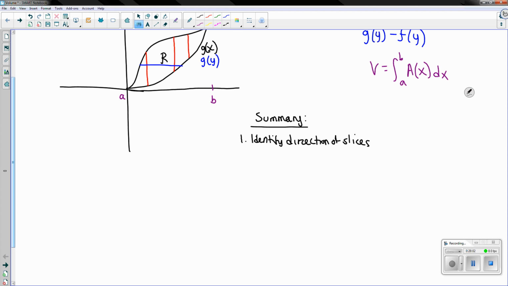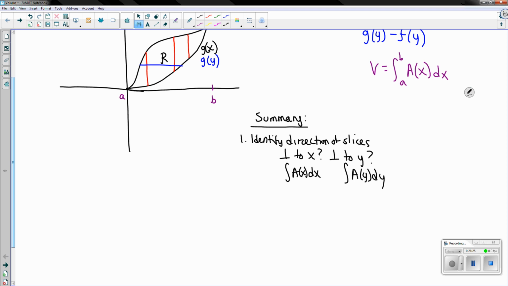So do they run perpendicular to x or perpendicular to y? That's going to dictate whether or not you're going to integrate with respect to x or with respect to y. So if they're running perpendicular to x, you're integrating with respect to x, and if they run perpendicular to y, you're integrating with respect to y.